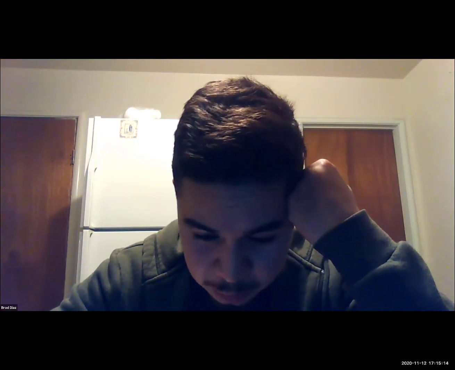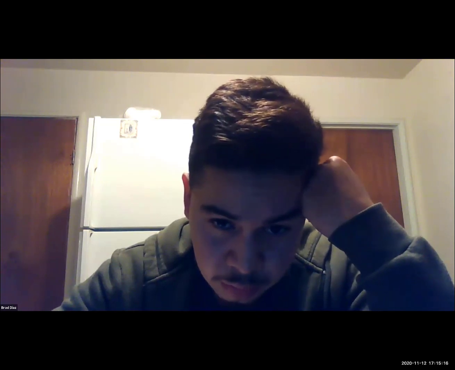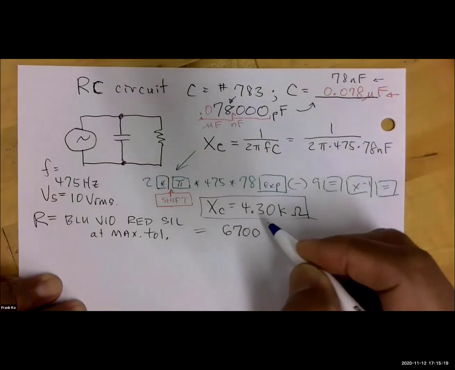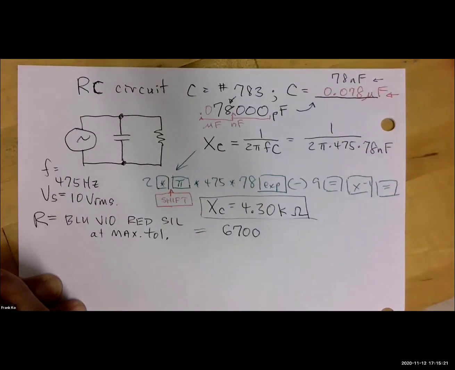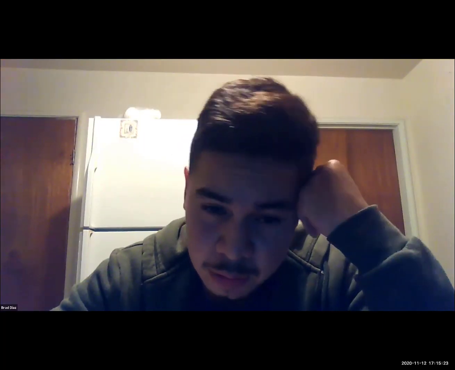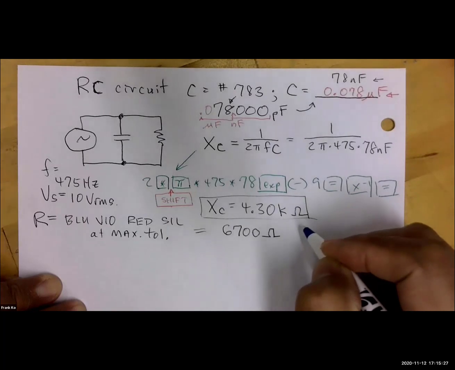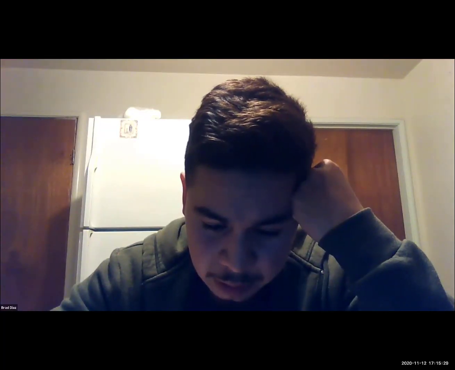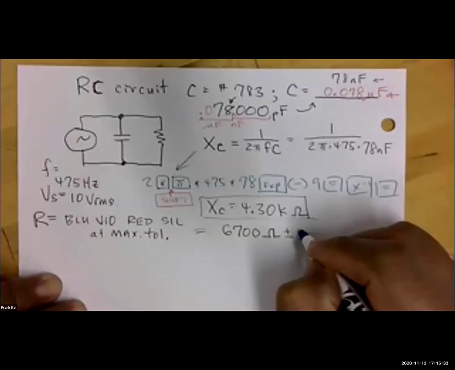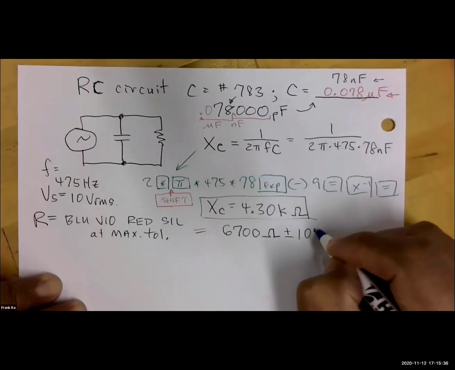And then the third digit is zeros. Red is 2 zeros. Followed by omega. Omega, correct. Followed by plus or minus 10%. Okay, so we write down this first.